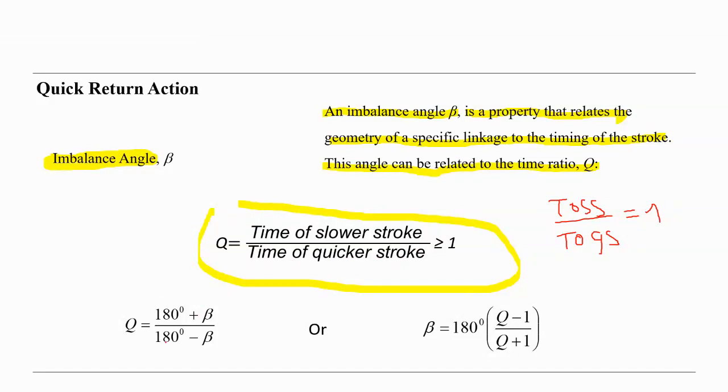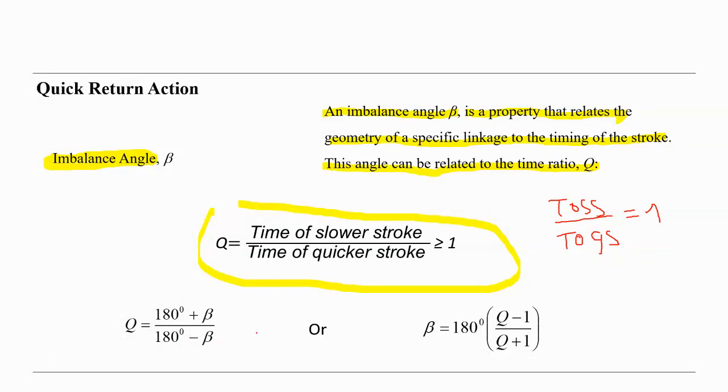So we have on this part 180 degrees plus beta, where beta is the imbalance angle, and since in total we should have 360 degrees, in this part we have 180 degrees minus beta.